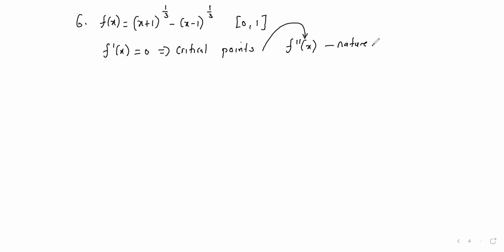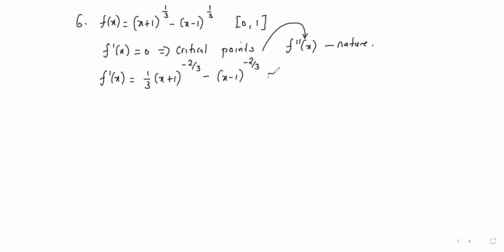The one giving you the maximum, you substitute it. Since you've gotten the points, you check which one is maximum or minimum. The question says find the maximum, so we're not finding the maximum point, we're finding the maximum of the function. So we need the y value only of that point. So we differentiate: f prime of x is equal to 1 over 3 (x plus 1) to the power minus 2 over 3, minus (x minus 1) to the power minus 2 over 3.